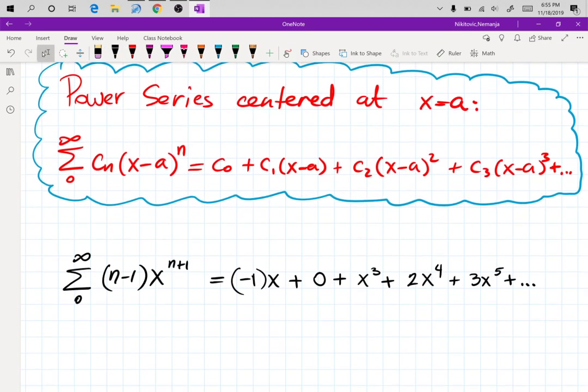So you see that we started with the negative x, and then we go x cubed, x4, x5, and so on. Power series, you got something that resembles a polynomial, except it's infinite. You can't forget that piece.